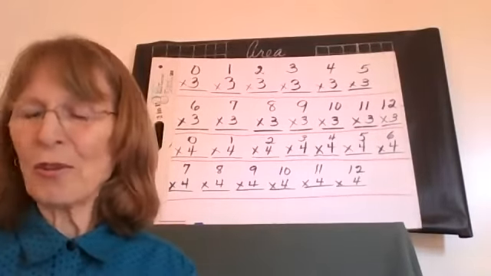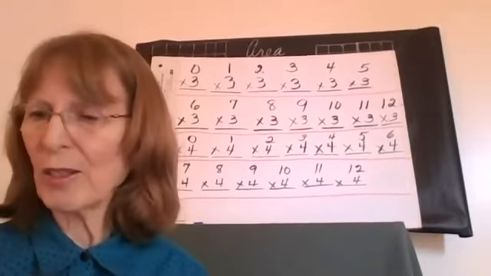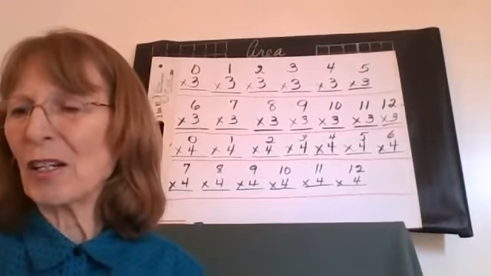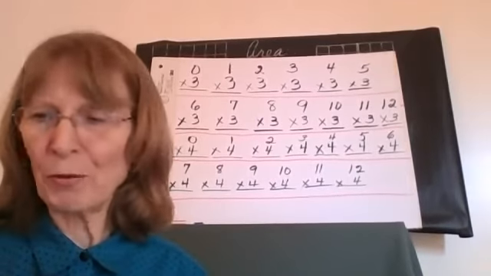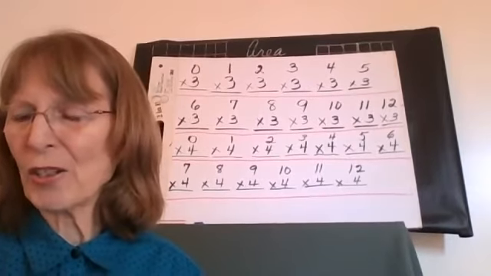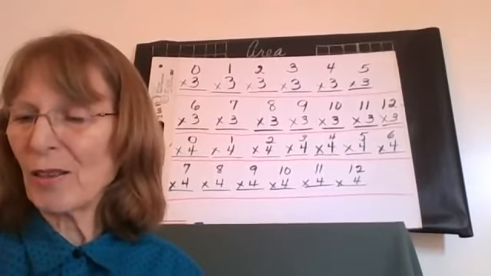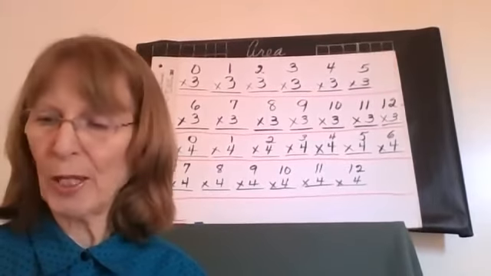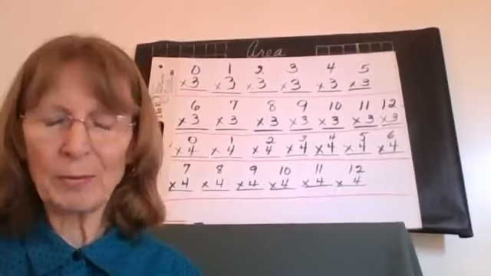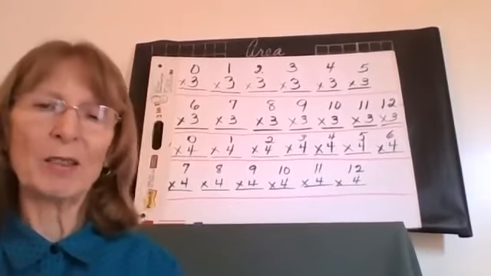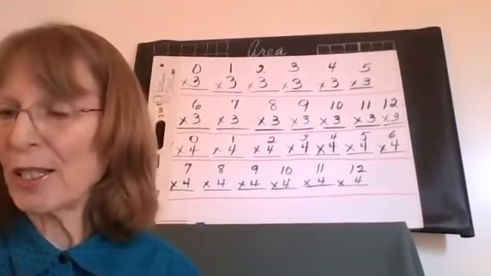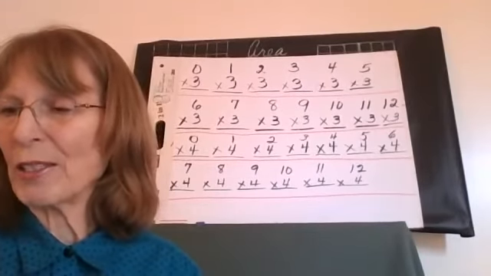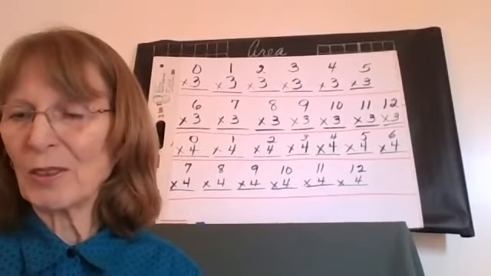Okay, so I'm going to say some combinations, and on the back of lesson 154, there are some combinations that you need to write. I've given this to your parents, so they do have it. But if you're with me and you have your paper, you can go ahead and do the practice part today, right now.